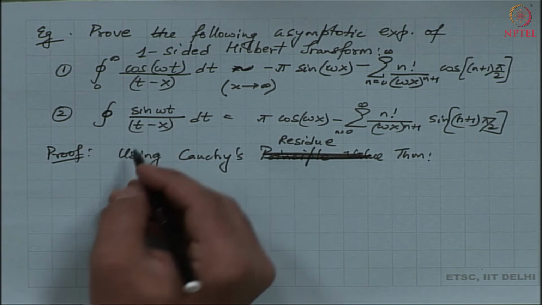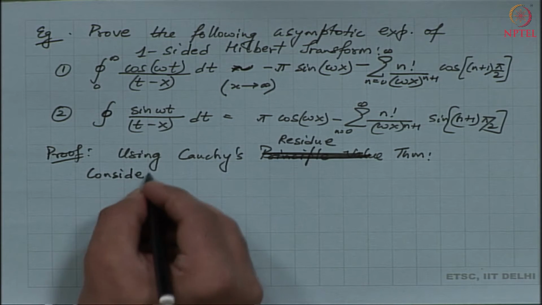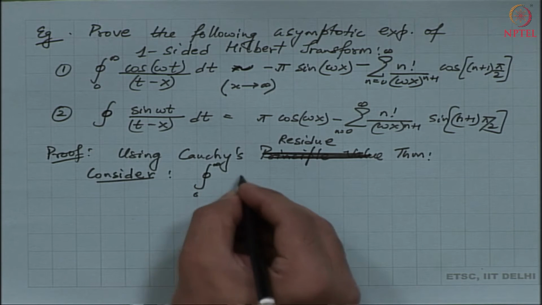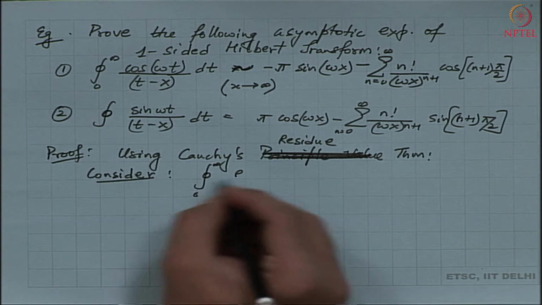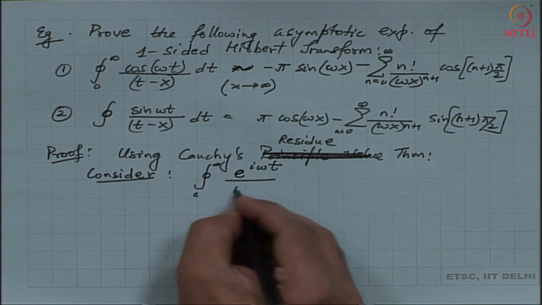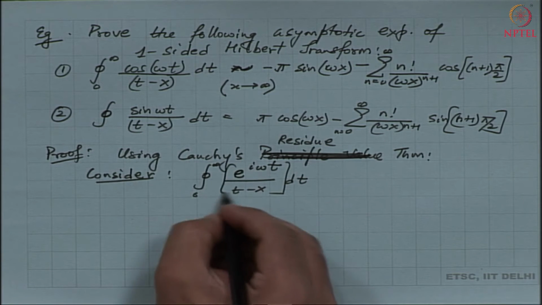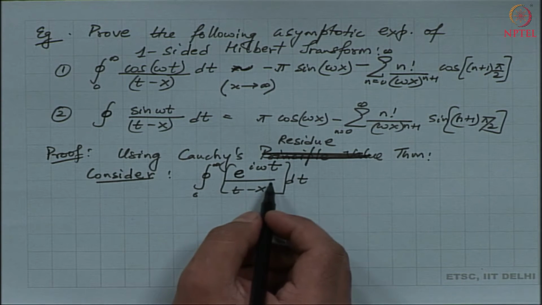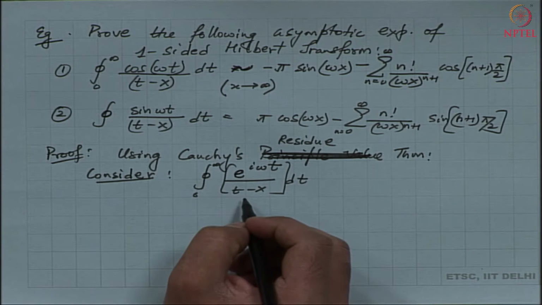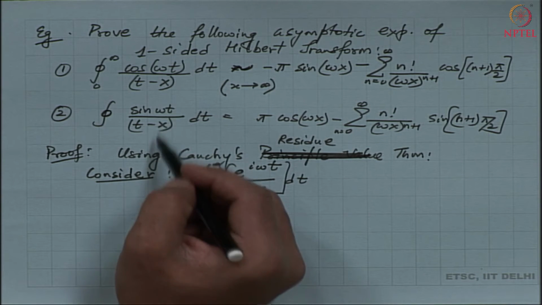So, if I were to look at the one-sided Hilbert transform of this particular integral from 0 to infinity of e to the power i omega t divided by t minus x dt, and evaluate this integral and separately look at the real and the imaginary parts, that will correspond to the left-hand sides of the two expressions that I am trying to evaluate.